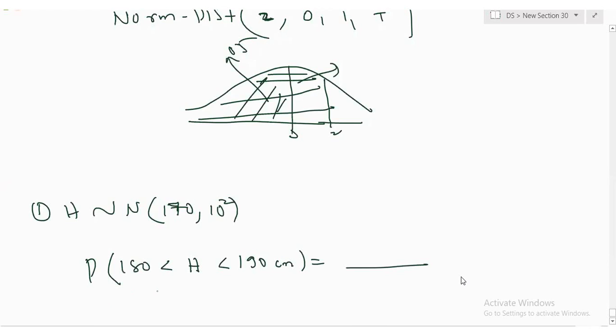I want to find out how many percentage of people are there falling in between 180 to 190 when their average mean is 170 and with a standard deviation of 10. All with me? So what is the meaning of this?